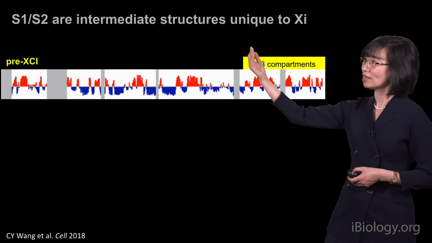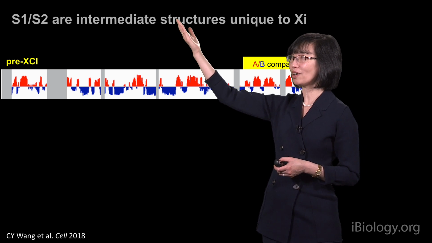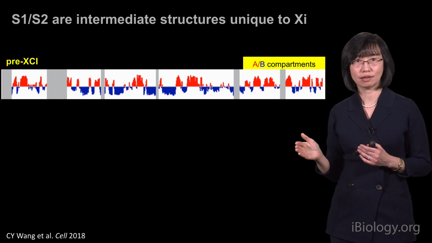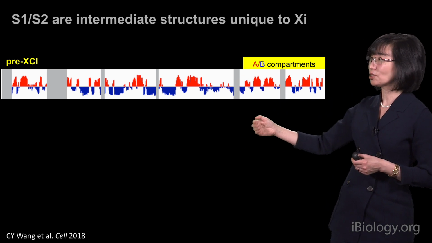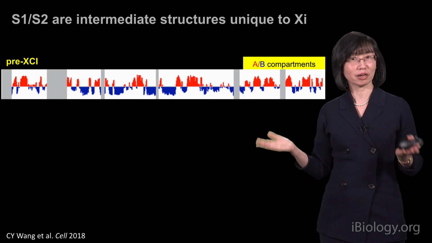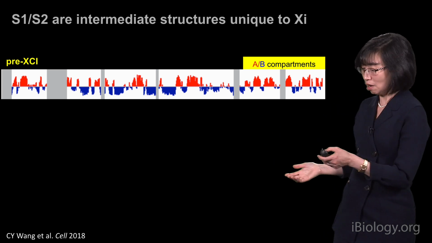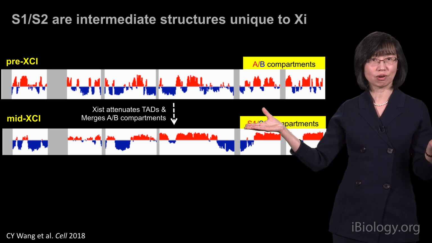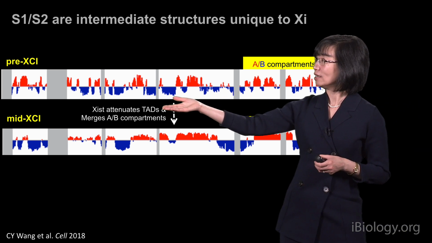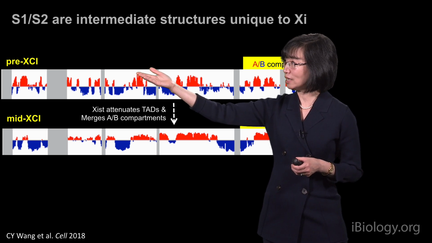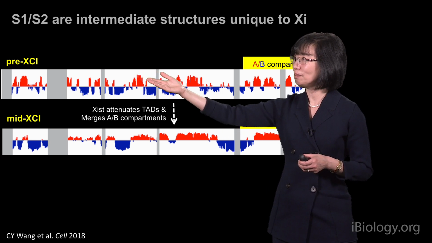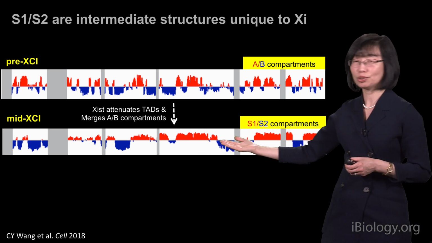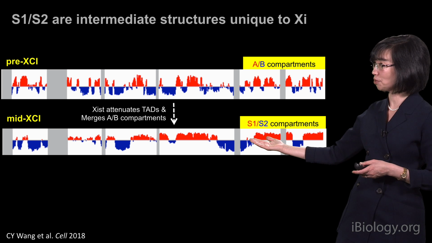So it turns out that these S1, S2 compartments are intermediate structures during the formation of the inactive X. So prior to X inactivation, we see these AB compartments like we see on all chromosomes. But then at the onset of X inactivation, as Xist spreads over the X chromosome, it merges the red and blue compartments to form these larger S1, S2 structures.